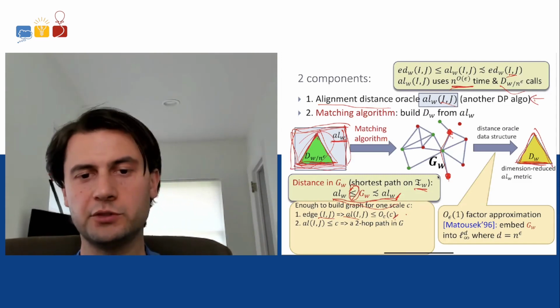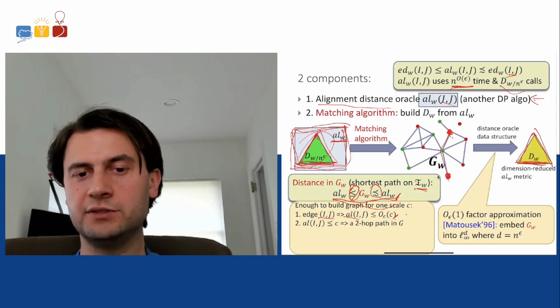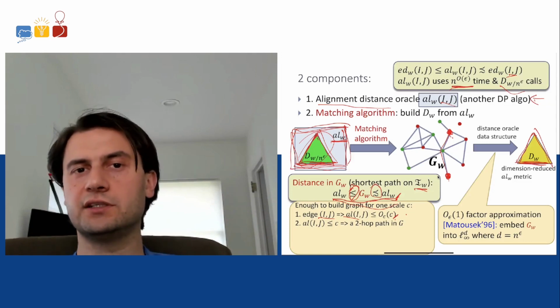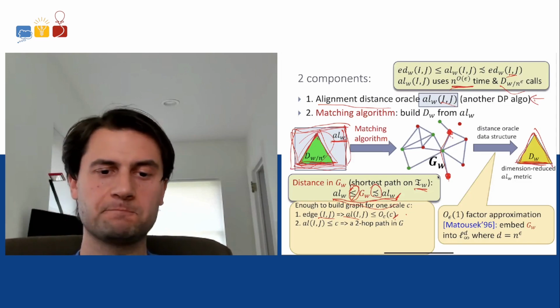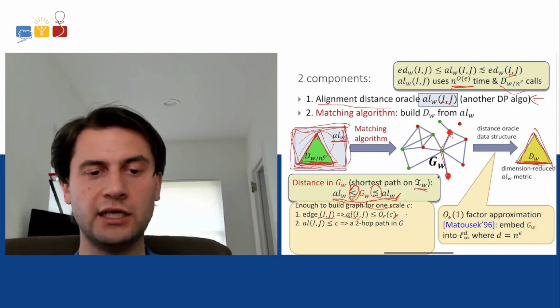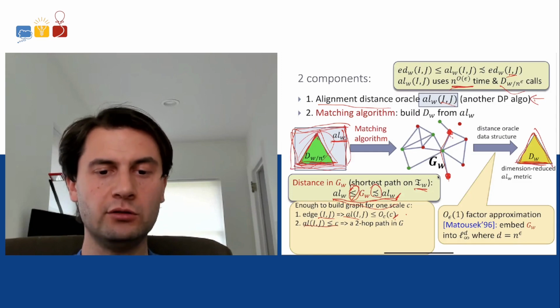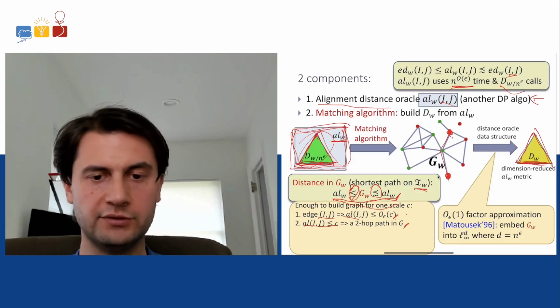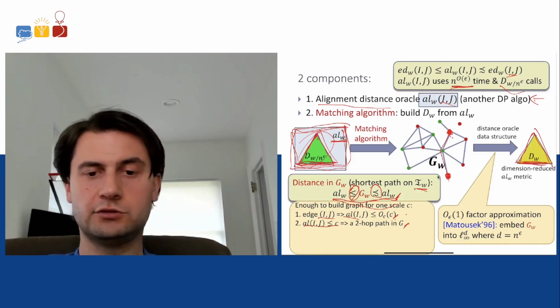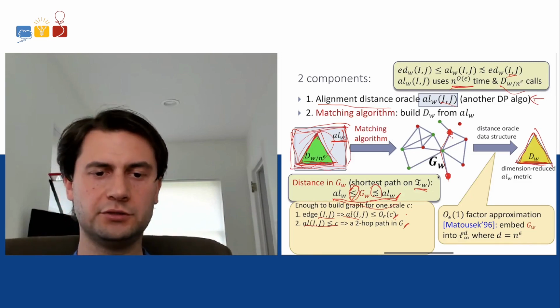On the other hand, we want the statement in the other direction, that distances in the graph do not distort the distances too much more than the alignment distance. So we would like to say that the alignment distance is small when the distance in the graph is also small, so that there exists a two-hop path in the graph, and the distance in the graph did not increase too much.